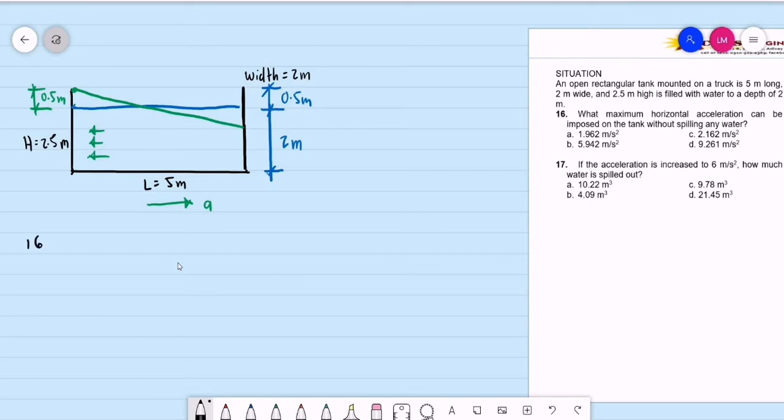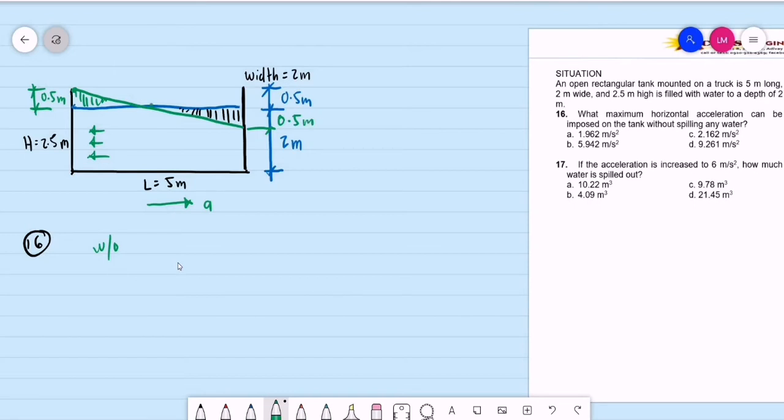So for number 16, we are just to relocate this water. This water will be moved at the back. Let's say they will be compressed at the back of the tank. If without spilling, basically we are just relocating liquids. We have a rise of water at the back of 0.5. Therefore, we'll be having a decrease in height of water surface in front with a height of 0.5.